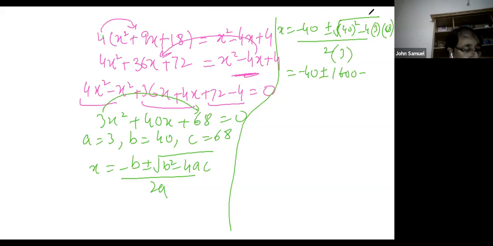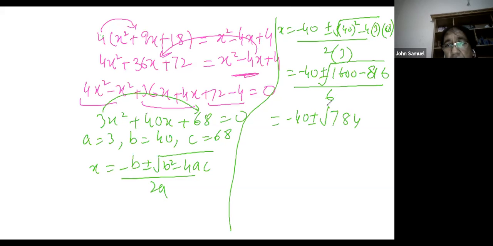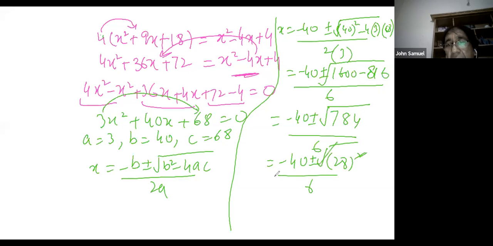After multiplying, you will get 816, and 2 3s are 6. Minus 40 plus minus, after subtracting this one, you will get 784. Now 784 is the square root of 28, and 6, this will cancel with each other.